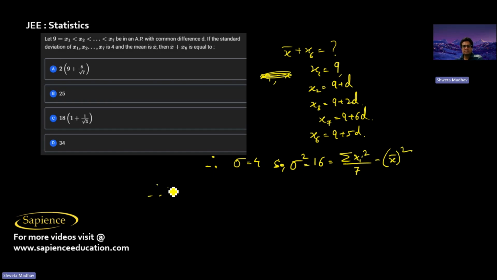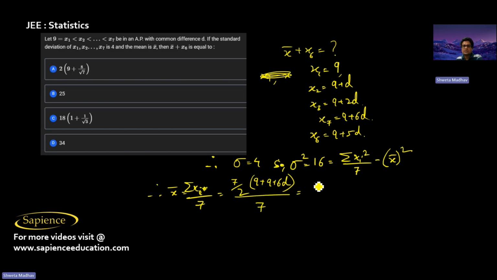Now the mean value will be equal to summation xi by 7, which is the sum of all the 7 terms, that is n by 2 into a plus l, so 7 by 2 into 9 plus 9 plus 6d, divided by 7.